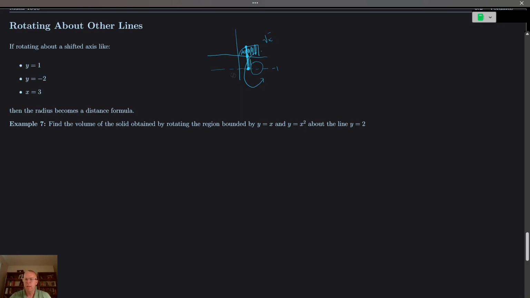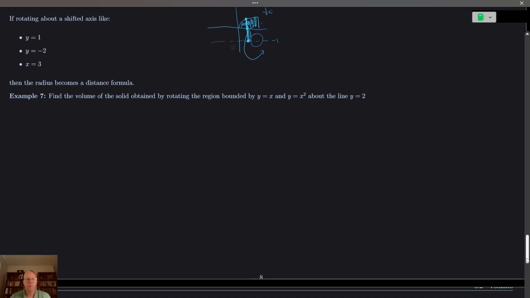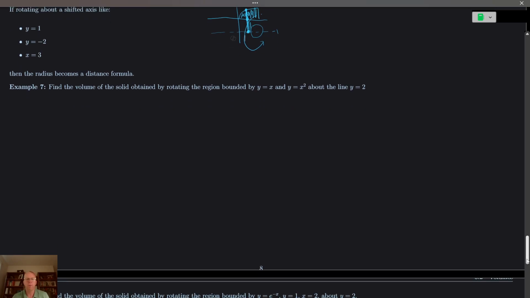Okay, so let's look at this first one. So we have y equals x squared around the line y equals 2. So now, in the previous videos, I said if you're rotating around the x-axis, you need things in terms of x. If you're rotating around the y-axis, you need things in terms of y.